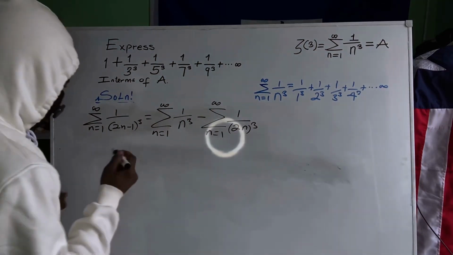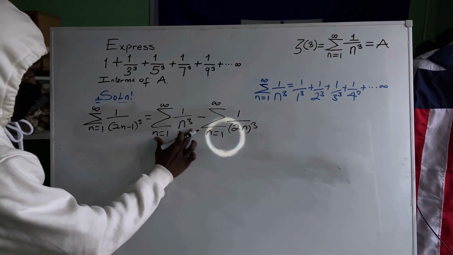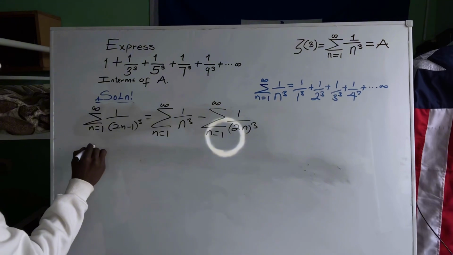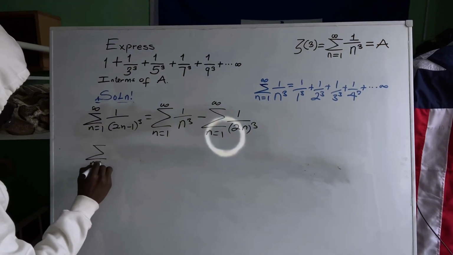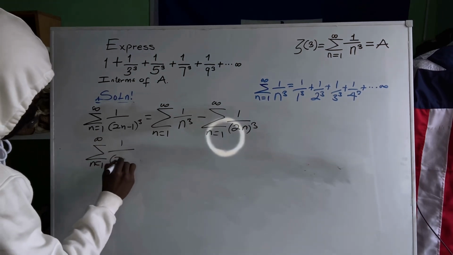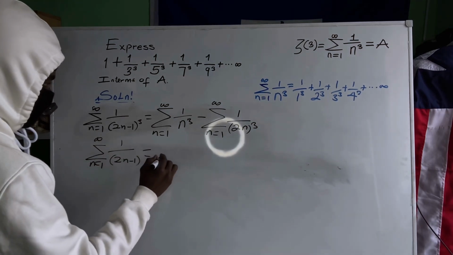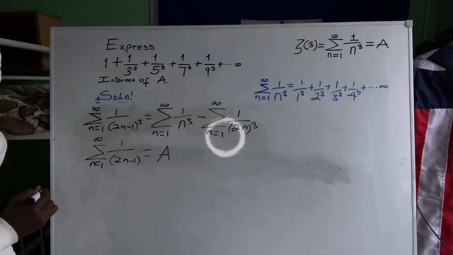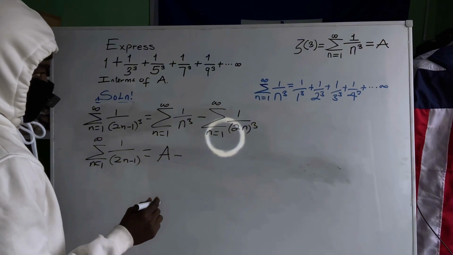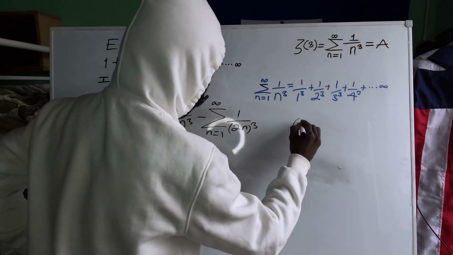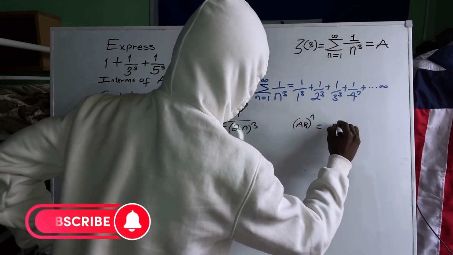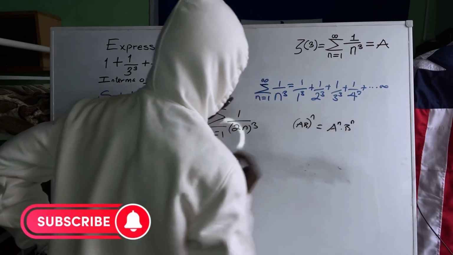Now, the next thing we're going to do is, in place of this, we know this is the zeta of 3, but the zeta of 3 is equal to what? A. So, the sum from n is equal to 1 to infinity of 1 all over 2n minus 1 is equal to A minus, we can simplify this. Whenever we have ab to the power n, this is equal to a to the n times b to the n.